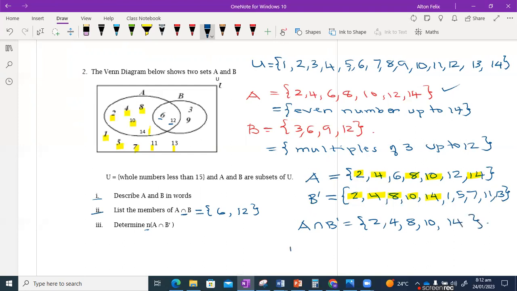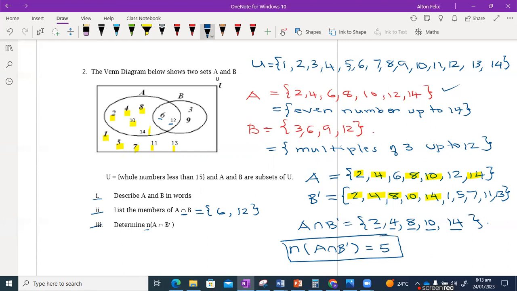And the number of members in that set will be 1, 2, 3, 4, 5. And that will be the answer right here. So I've shown you a step-by-step method of working out the answer for that question in part 3.